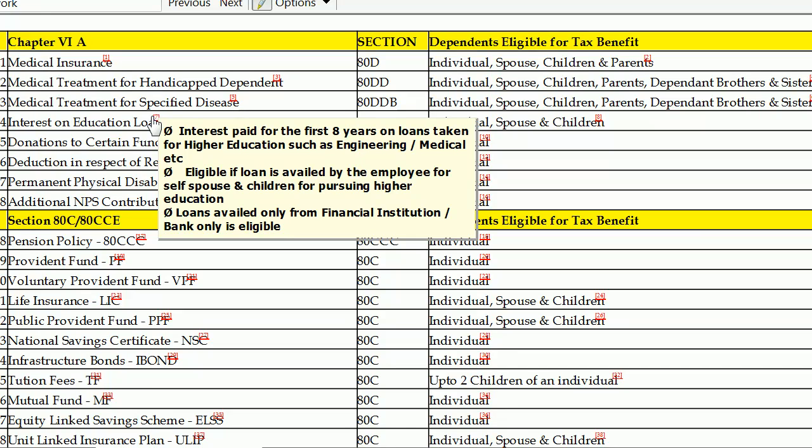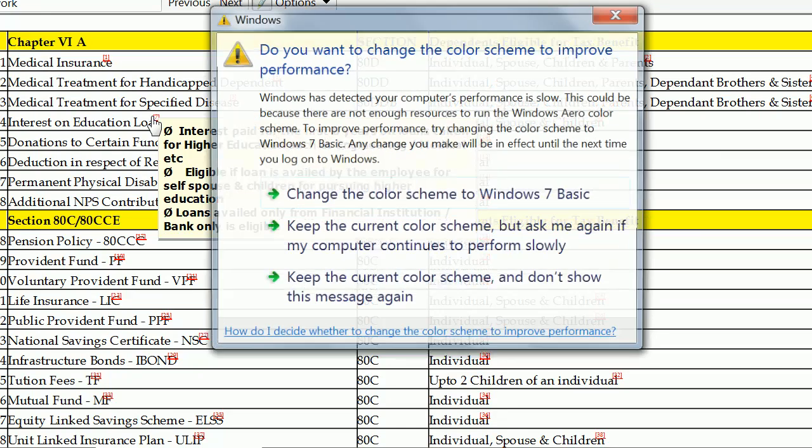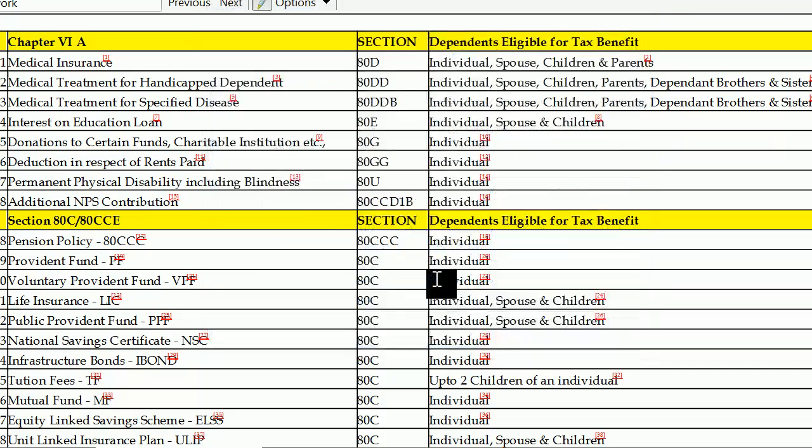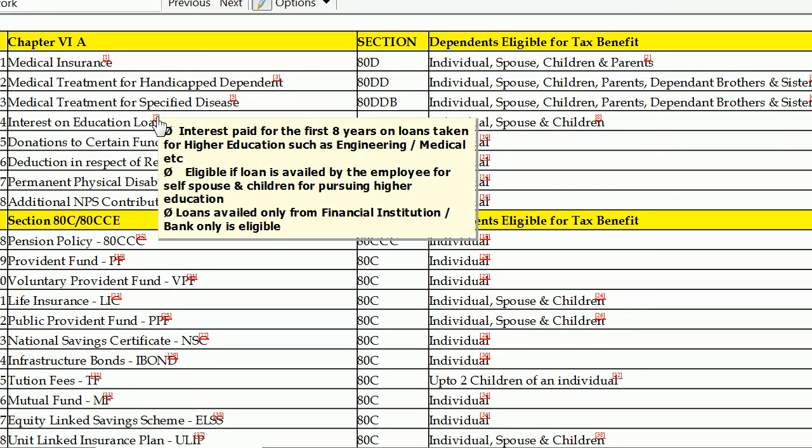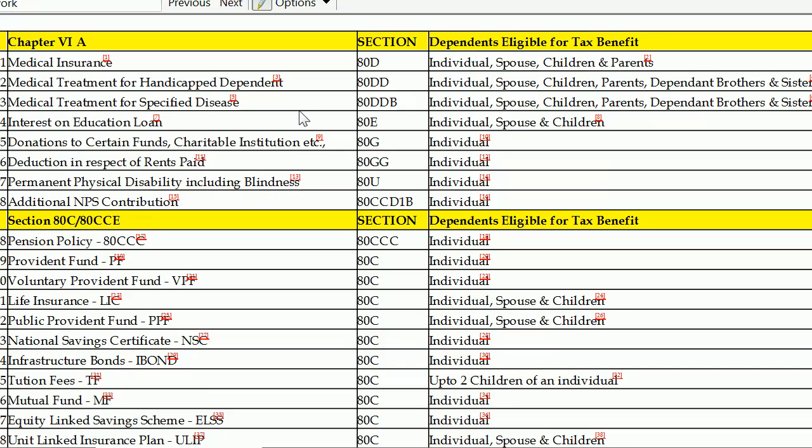Eligible if the loan is availed by the employee for self, spouse and children for pursuing higher education. Loans availed only from a financial institution or bank are eligible. So whenever you take loans from the bank, those are eligible for interest on educational loan.